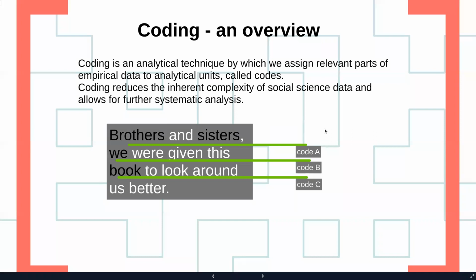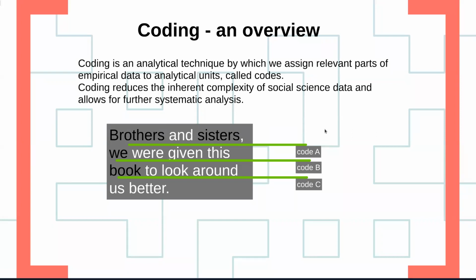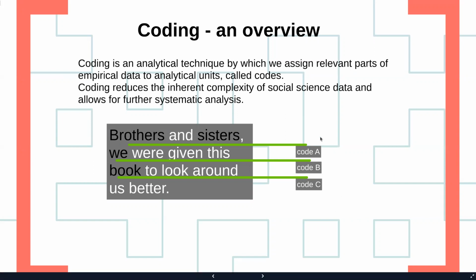And why do we code? One reason is to transform natural data into a scientific or analytical context. But the second reason, which is also very important, is that we reduce the complexity of data. Next, we can analyze just frequencies of codes or relations between codes, and not deal with the data itself.